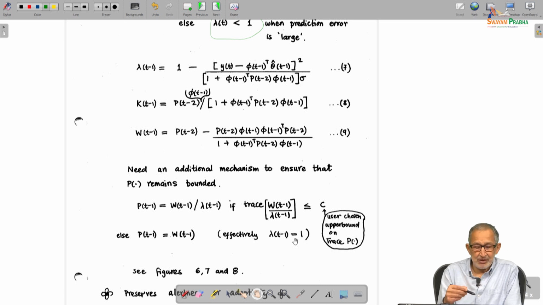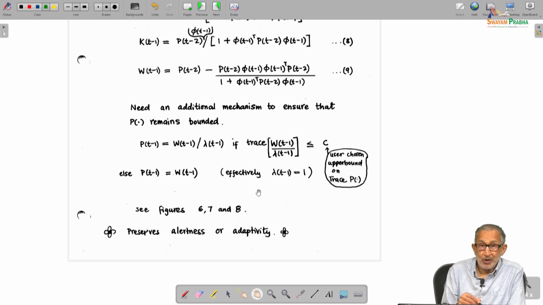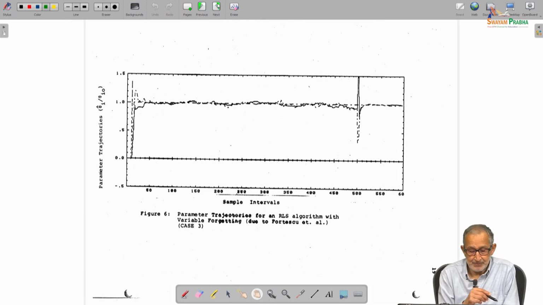So let's see the results of these changes. What this does is preserve alertness or adaptivity, and it works quite well, as we shall see.